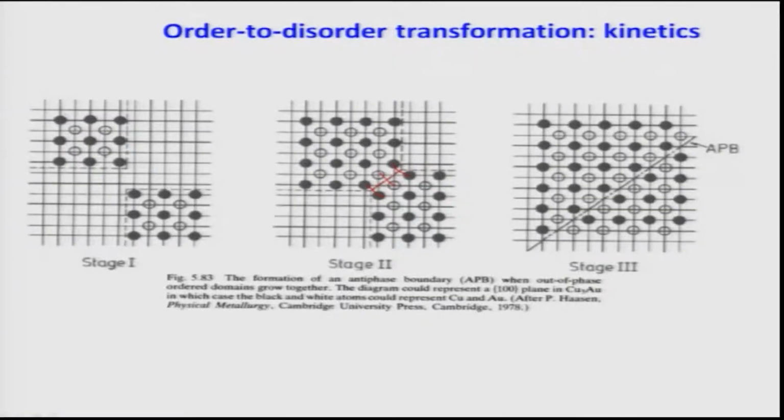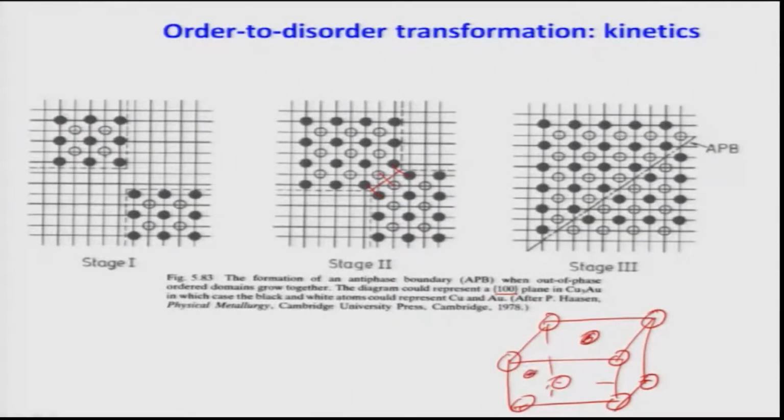And this diagram represents the atomic positions along one 001 plane, that is why it is shown like this. One 001 plane is the top plane or the bottom plane or the side plane, whatever it is. If I draw it properly, it will be clear to you. These are the gold atoms and these are the copper atoms, all the face-center positions. This is a 100 type plane.